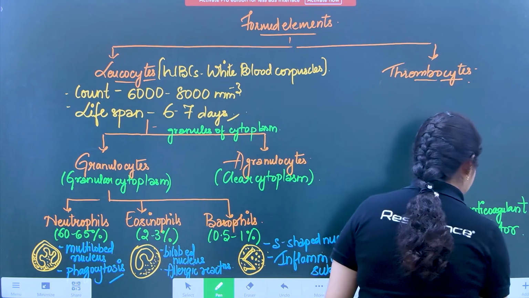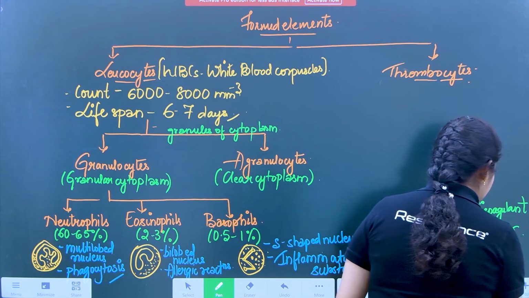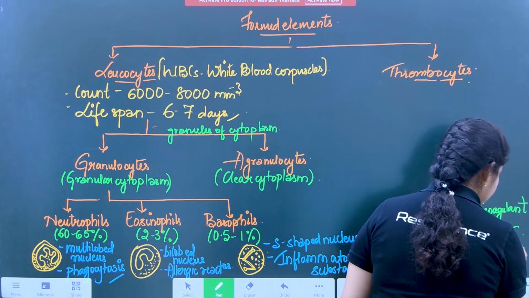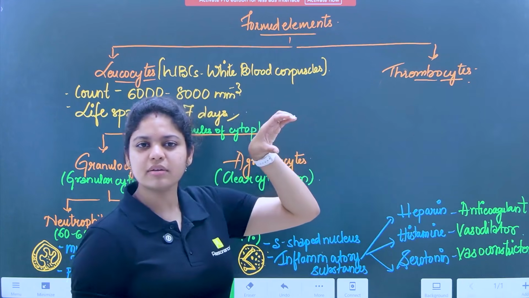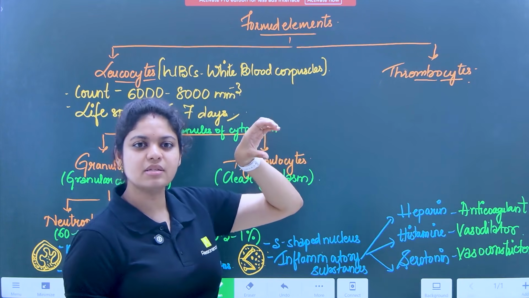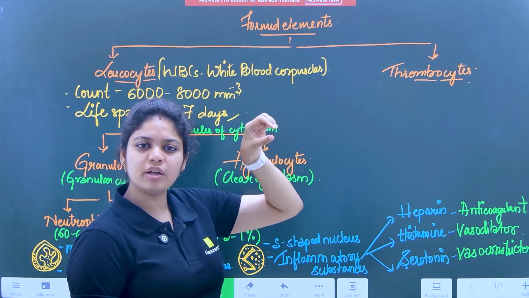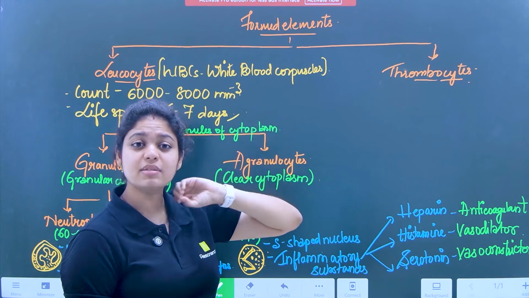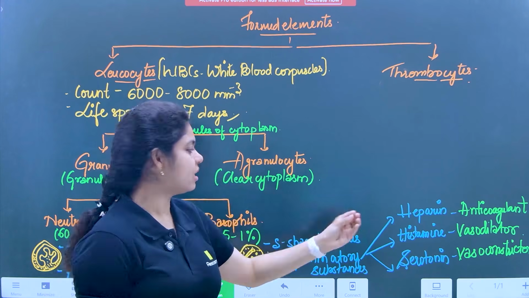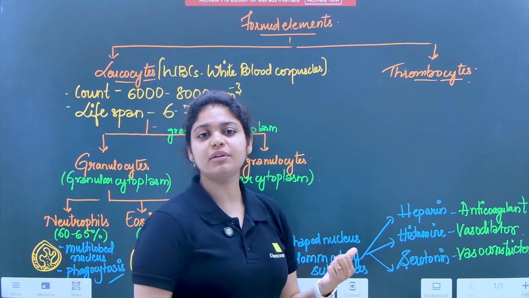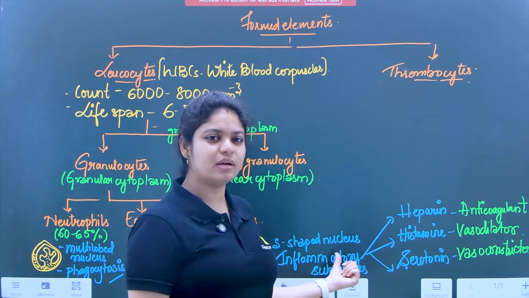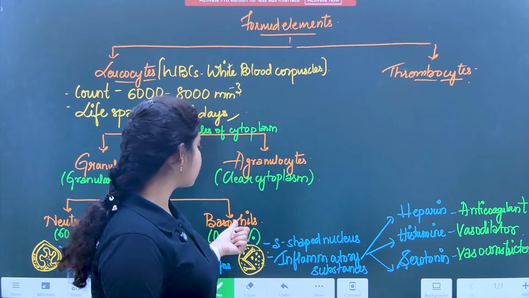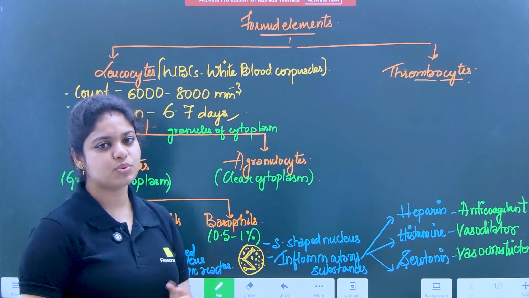Serotonin is exactly the reverse, a vasoconstrictor. On the release of serotonin, the vessel will constrict, which means the diameter will decrease. These are the inflammatory substances, which cause inflammation, and they are released by basophils.